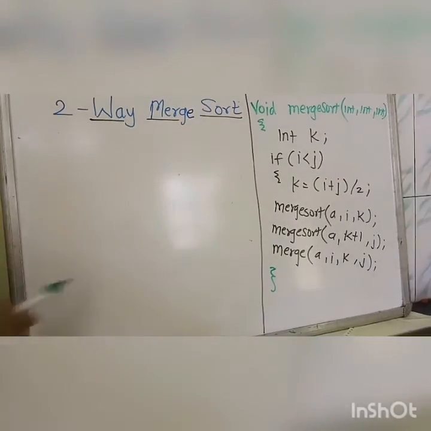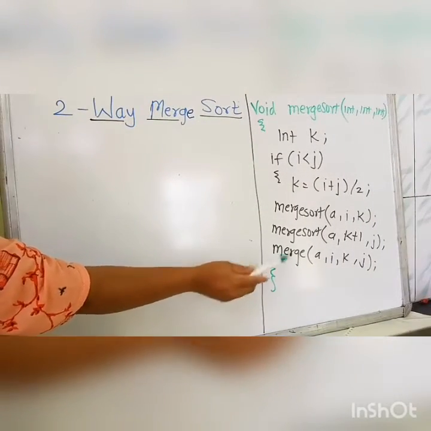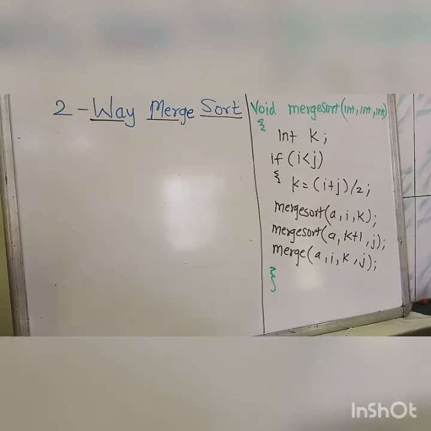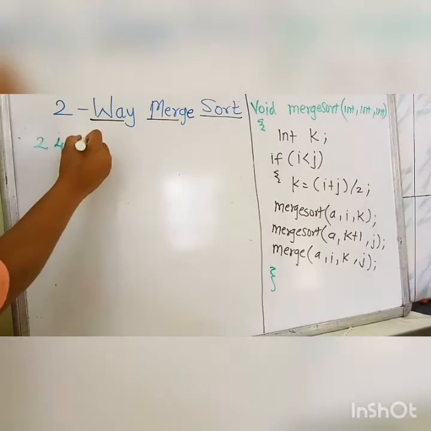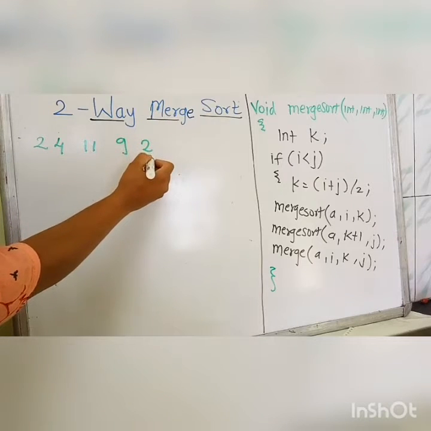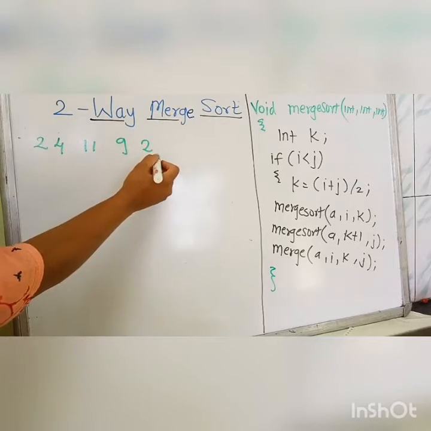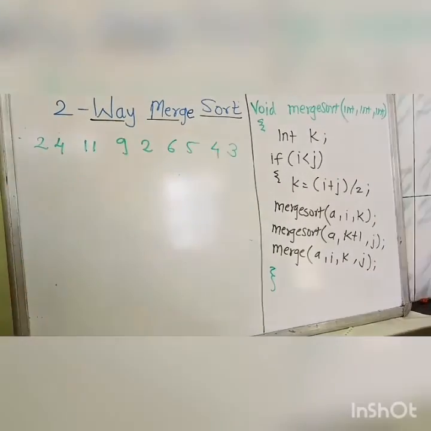Here in this whole part, I have given the merge sort procedure. Now we will apply this procedure on the array, that is, we will take one example as 24, 11, 9, 2, 6, 5, 4, 3.